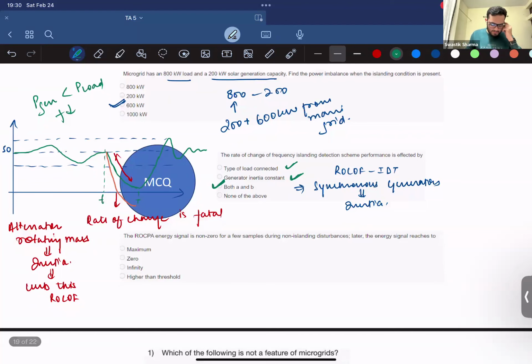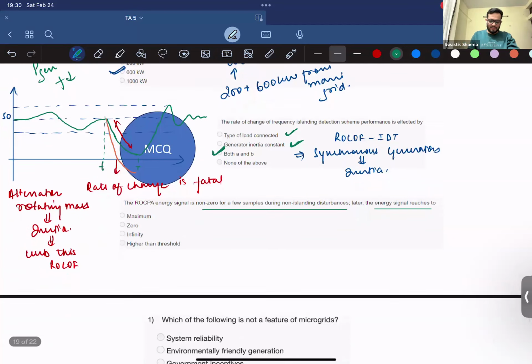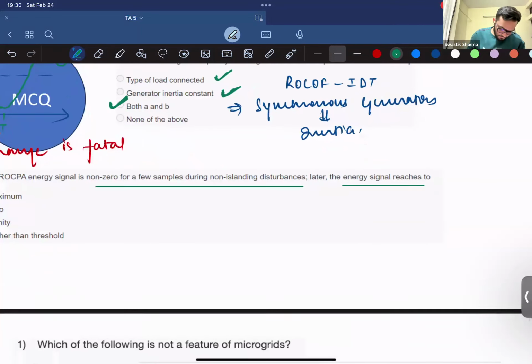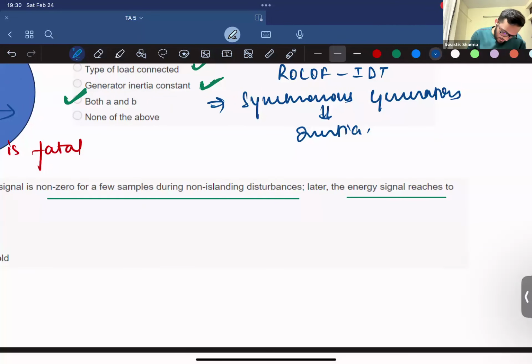Next, ROCPA, which is the rate of change of phase angle energy signal, is non-zero for a few samples during non-islanding disturbances. Later, the energy signal reaches what? This was talked about by ma'am, so I think I forgot to cover it.